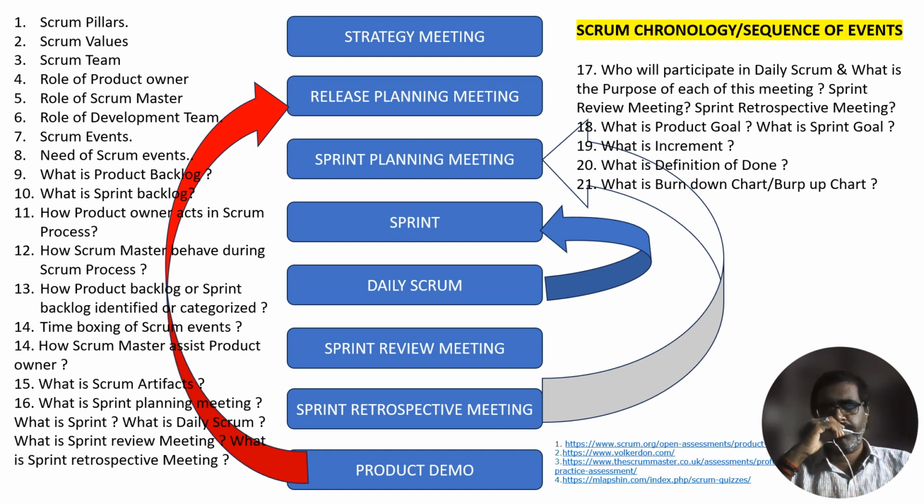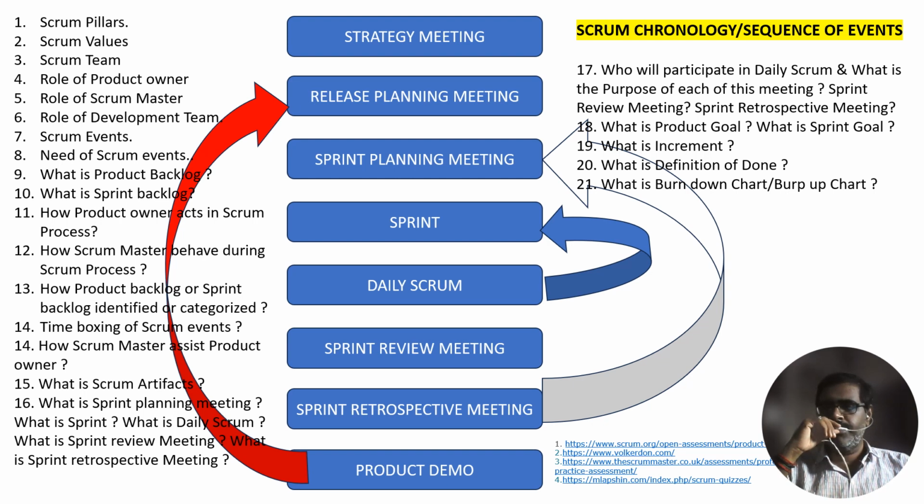So, commitments: finally, we have the definition of done. So, definition of done, sprint goal, and product goal are commitments. The definition of done is a formal description of the state of the increment when it meets the quality measures required for the particular product. The moment a product backlog item meets the definition of done, an increment is born.